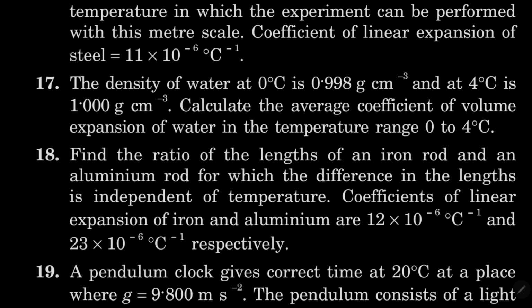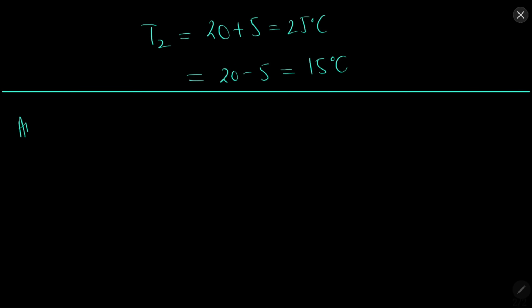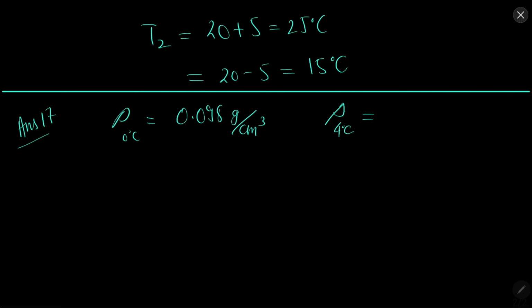In question 17, we need to calculate average coefficient of volume expansion of water. Solution 17. So at 0 degrees Celsius, the density is 0.998 gram per centimeter cube. At 4 degrees Celsius, it is 1 gram per centimeter cube.